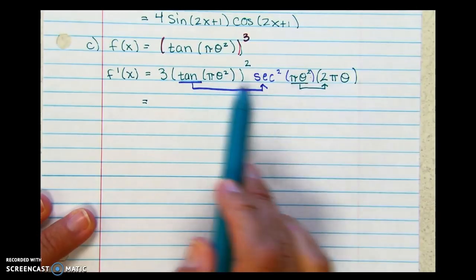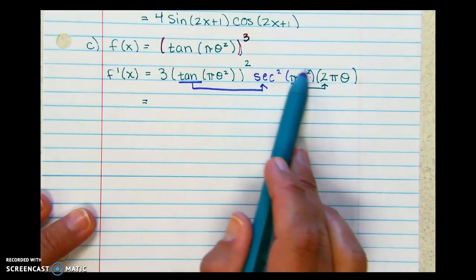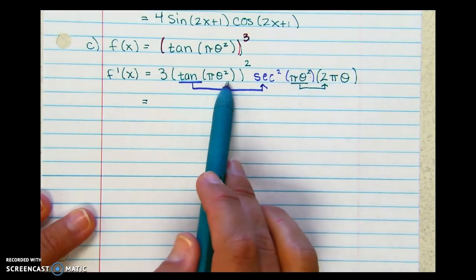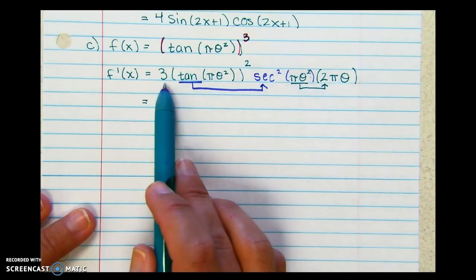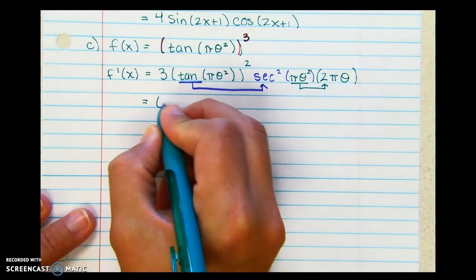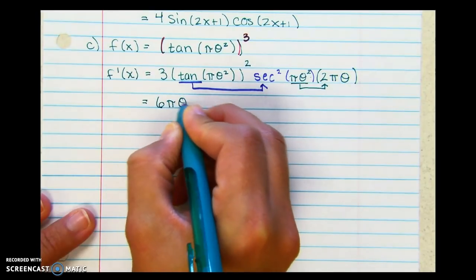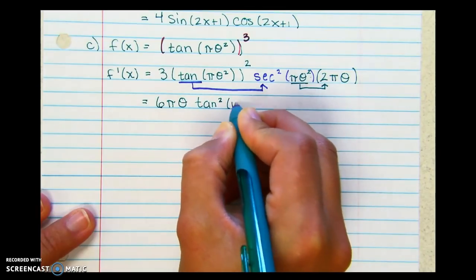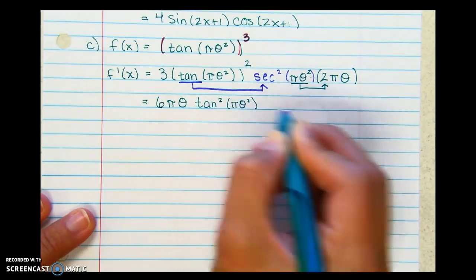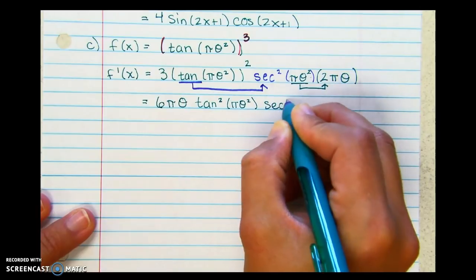Pi theta squared is protected with these trig functions, so we can't move those, but we can move 2 pi theta times 3, which will be 6 pi theta tan squared times secant squared.